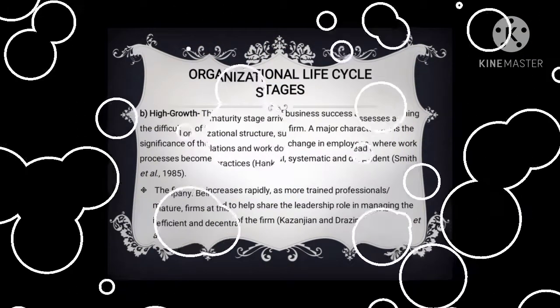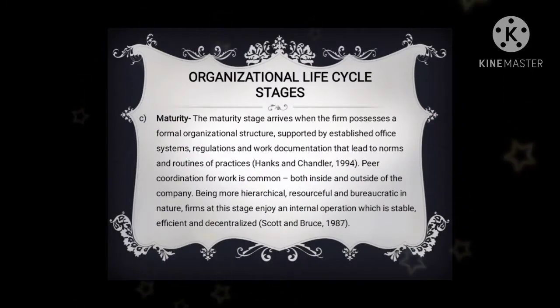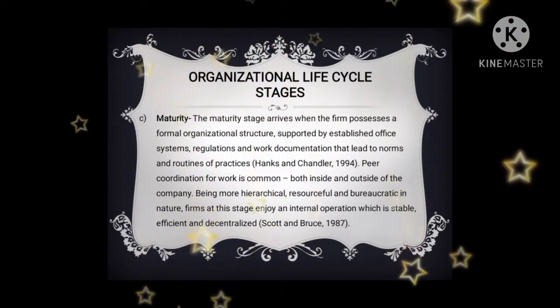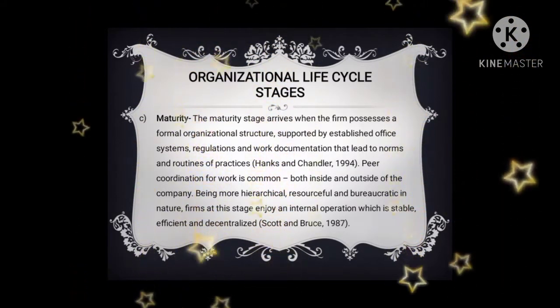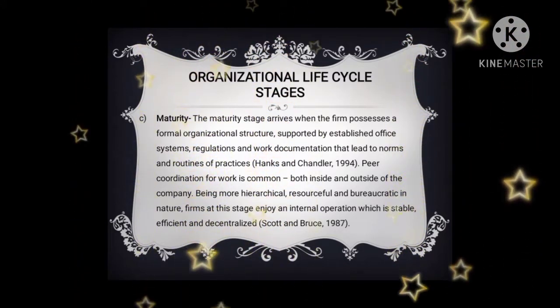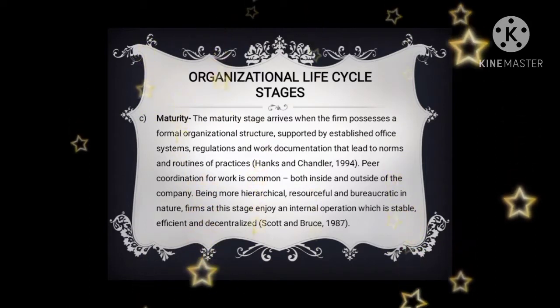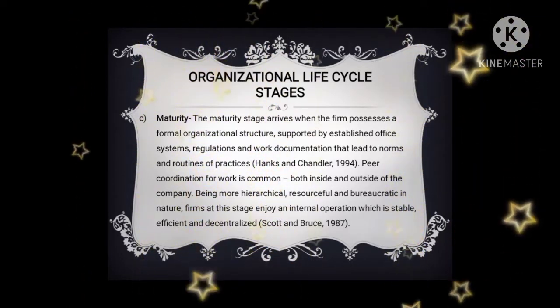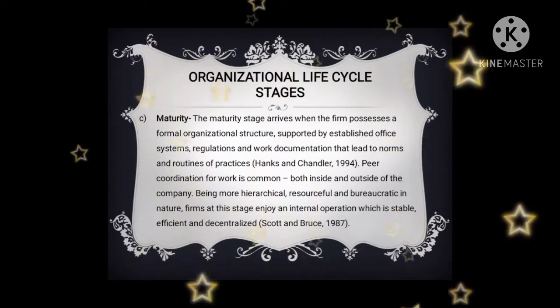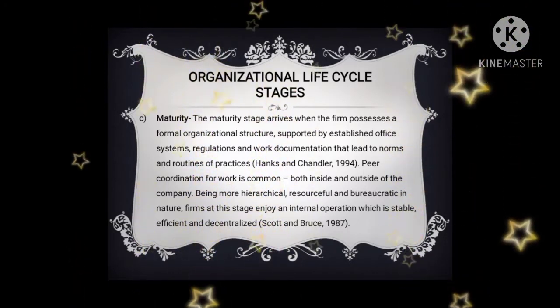Third, we have maturity. The maturity stage arrives when the firm possesses a formal organizational structure supported by established office systems, regulations, and work documentation that lead to norms and routines of practices.